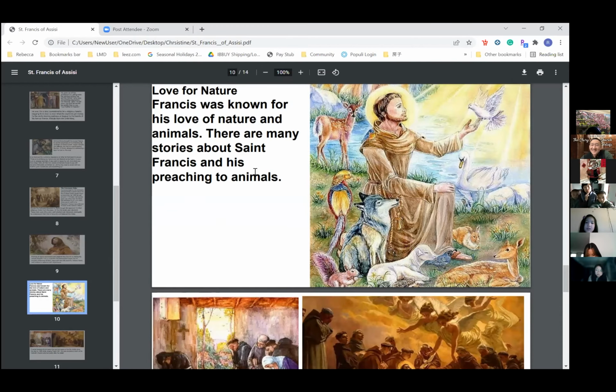O divine Master, grant that I may not so much seek to be consoled as to console, to be understood as to understand, to be loved as to love. For it is in giving that we receive. It is in pardoning that we are pardoned, and it is in dying to self that we are born to eternal life. Amen.